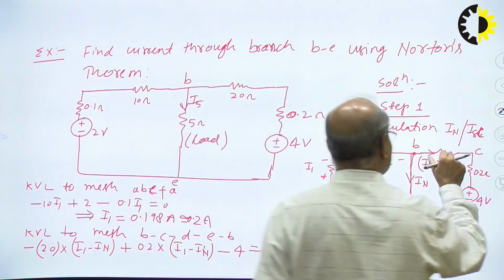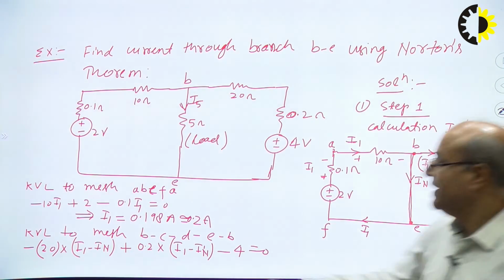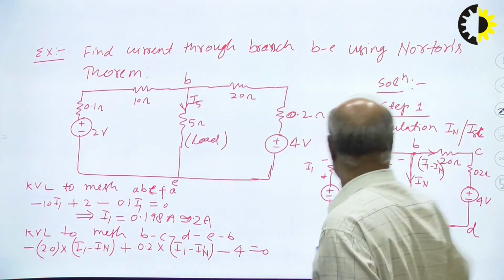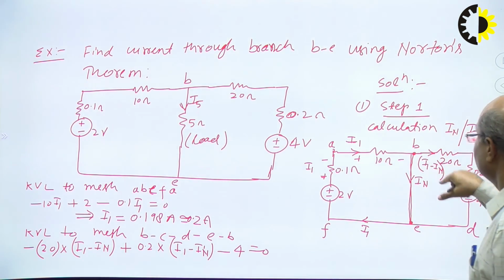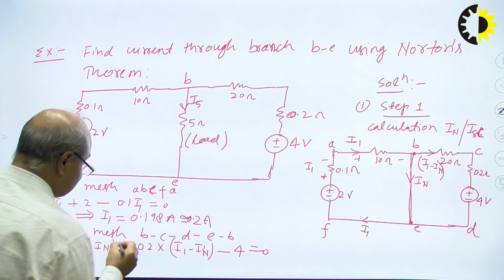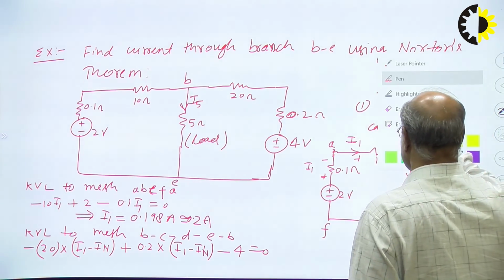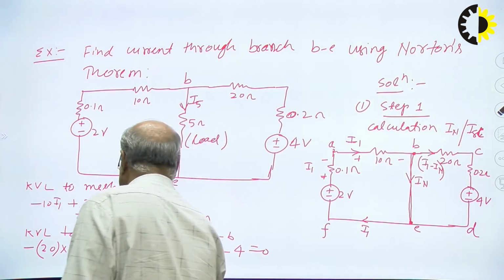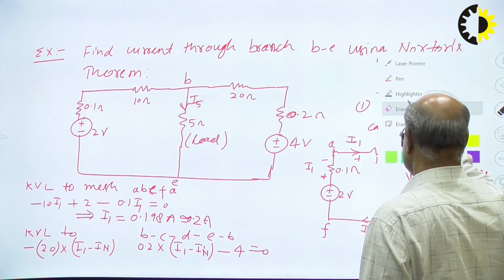This drop will be resistance into current, resistance is 20, current is I1 minus IN, with minus sign. Then this drop, 0.2 into current I1 minus IN, this will be negative, take care, the sign must be right.